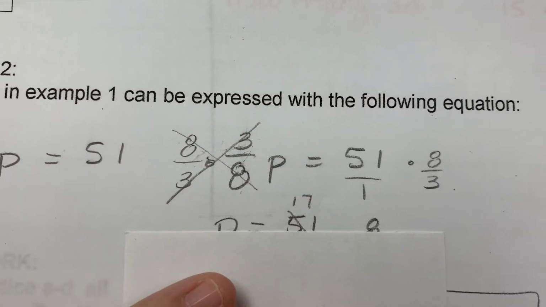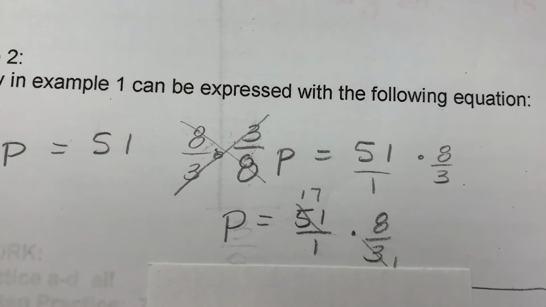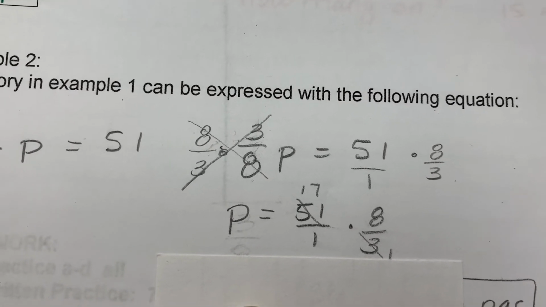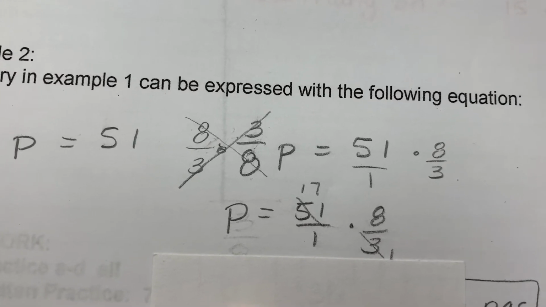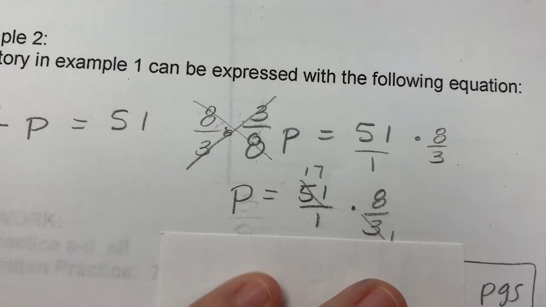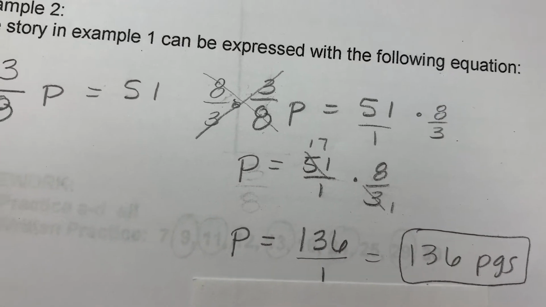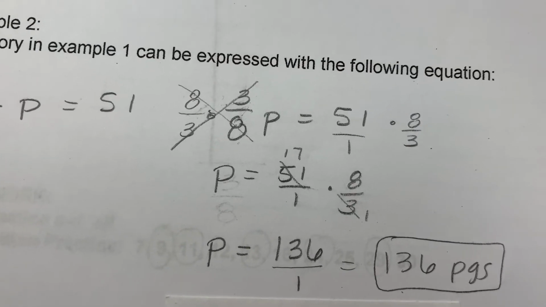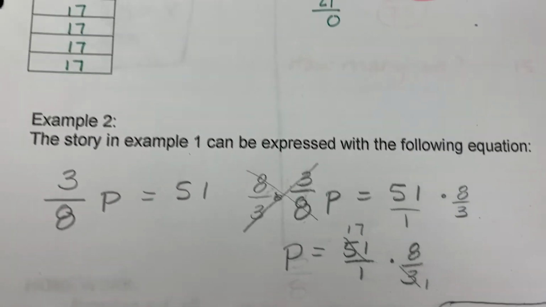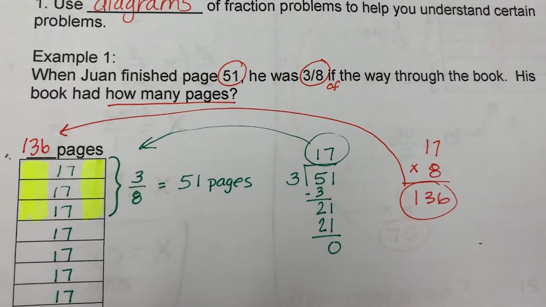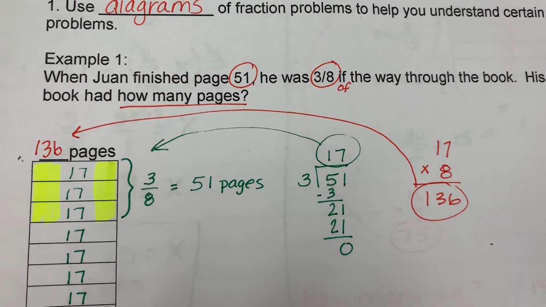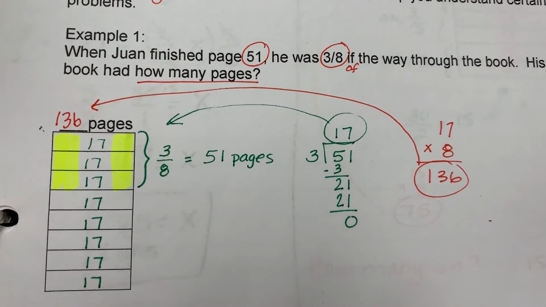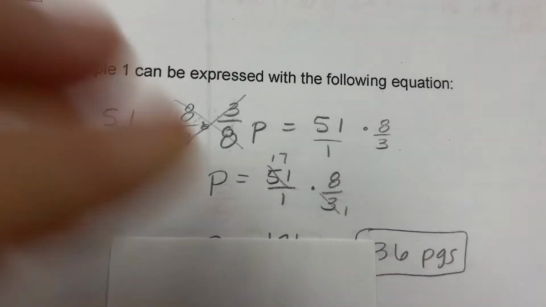So p equals 51 over 1 times 8/3, and I can cross cancel to make it smaller. 3 goes into 51 17 times, and I end up with p equals 136 over 1, which is 136 pages. So the original problem, I'm going to back up, said his book had how many pages? It turned out to be 136, and I can solve it both by a diagram and by the equation.